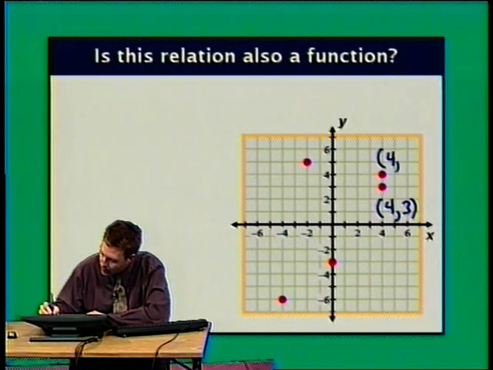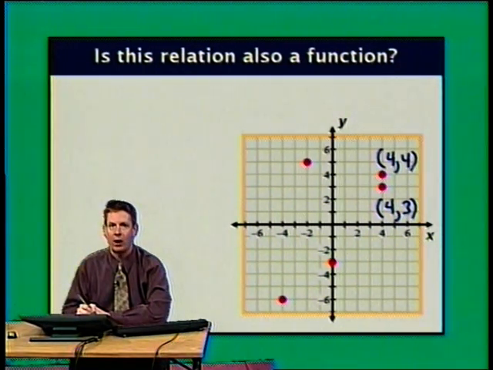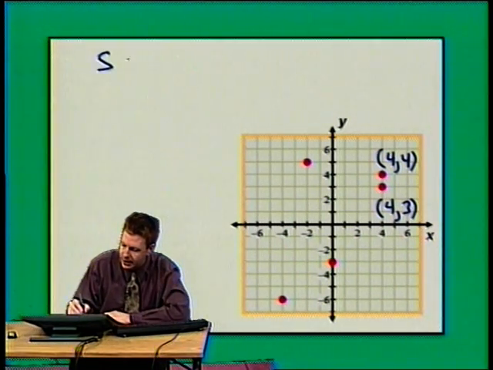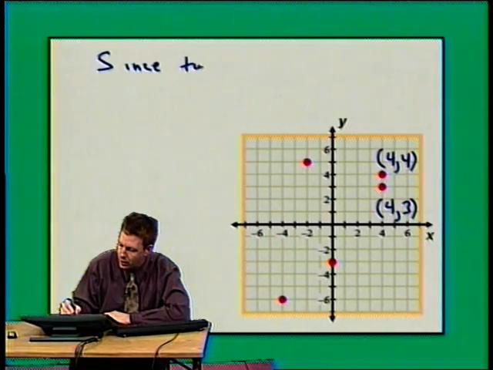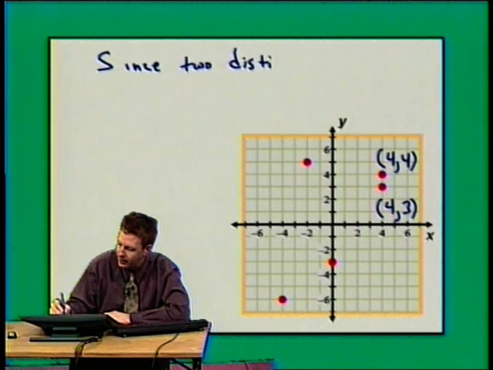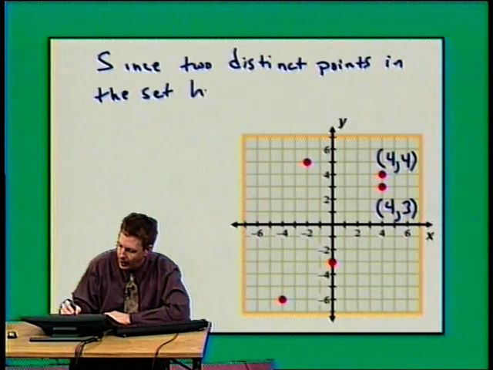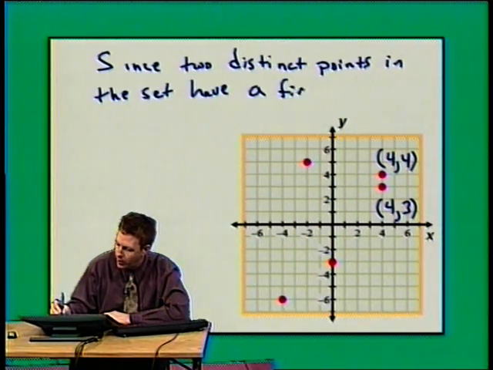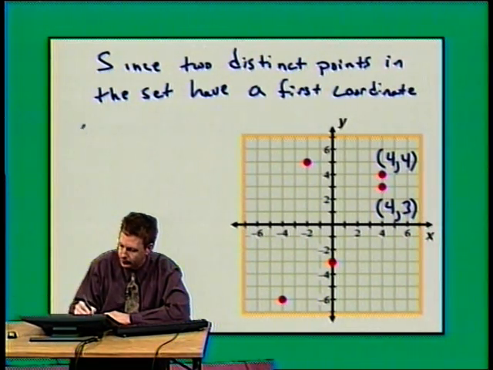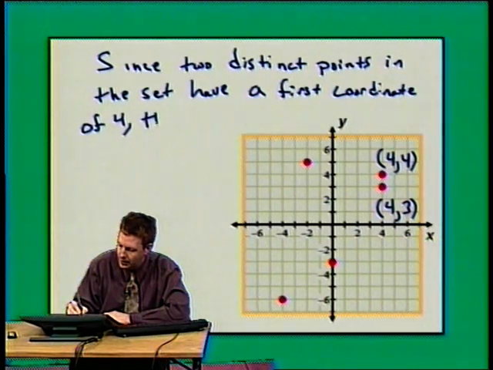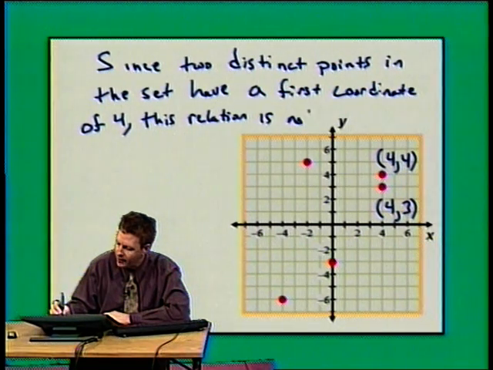And this point here also has an x coordinate of 4. Since 2 distinct points in the set have a first coordinate of 4, this relation is not a function.